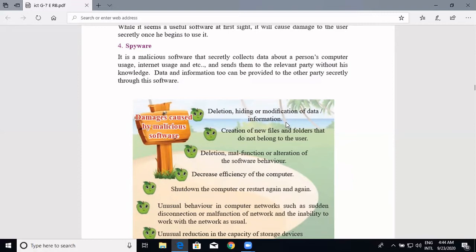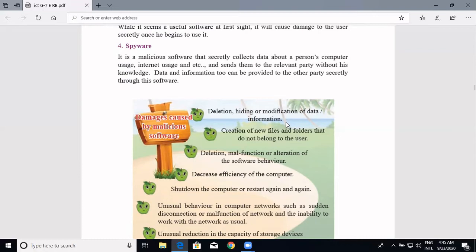Each key you press can be captured and sent to a third party over the network, right? And this software sends them to the relevant party without the user knowing, right? So you have to be very careful with your sensitive data. It can be stolen using spyware, right?